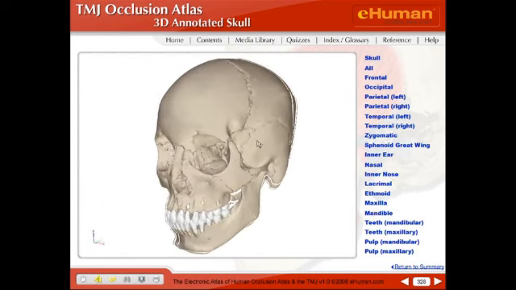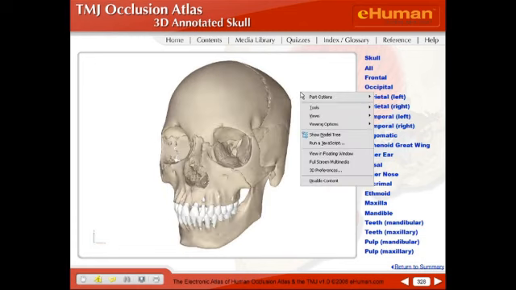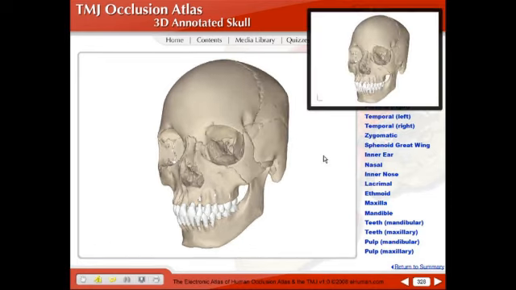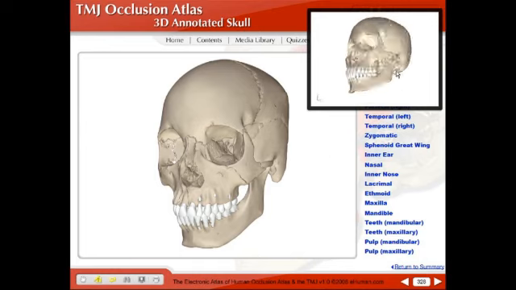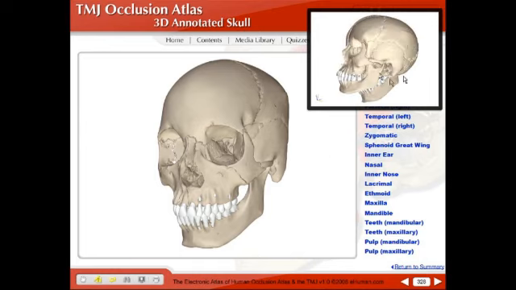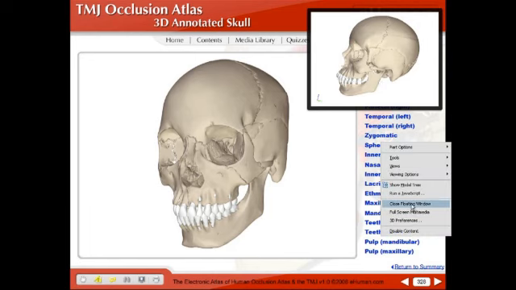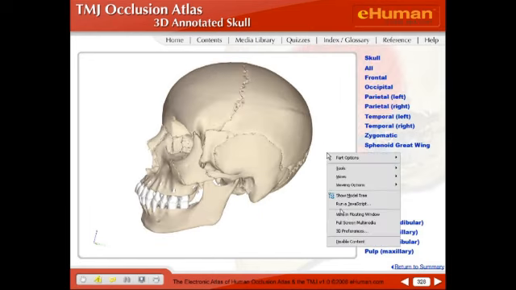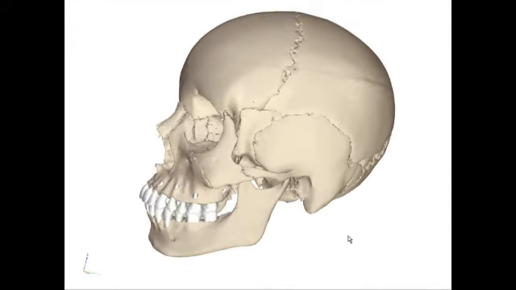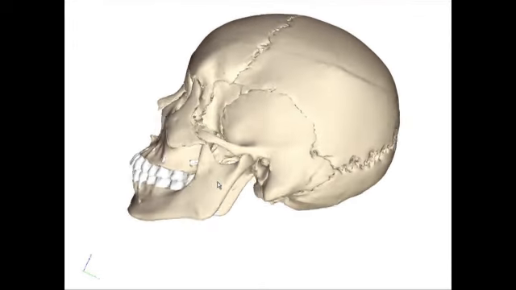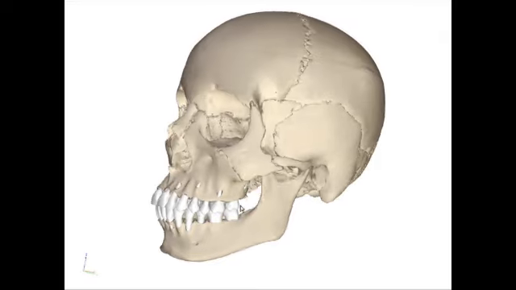But if you right-click your mouse here, you get a menu that comes up with a number of different options. And the first one is to view in a floating window, and that puts the model up on the upper right, and you can rotate it around and still have the main model as a reference point. The other thing you can do is do full screen multimedia, where you've got the whole model without all of the periphery that you had before.